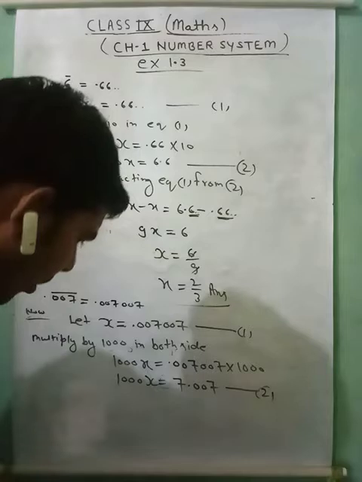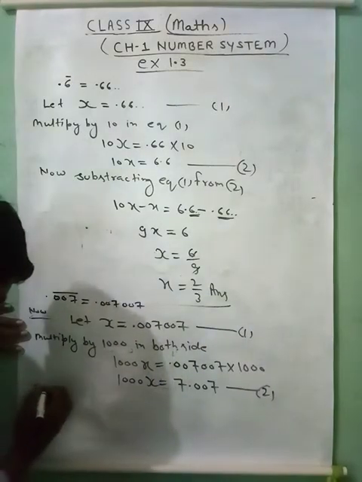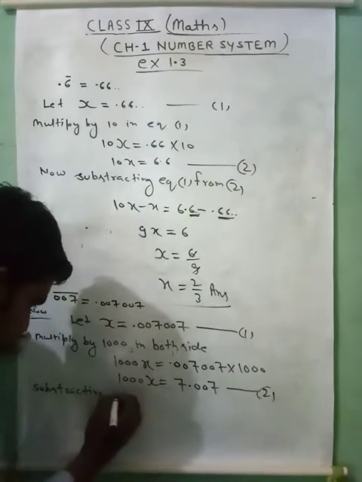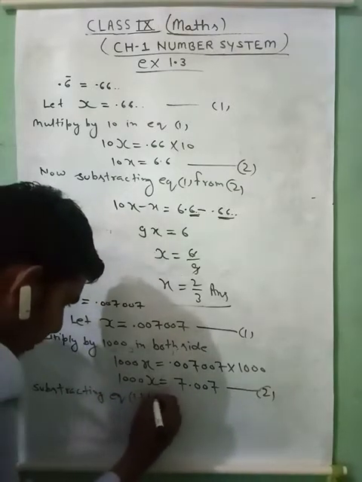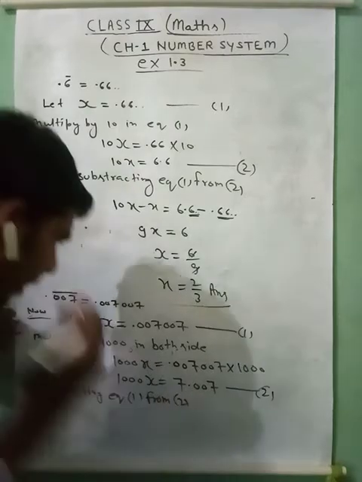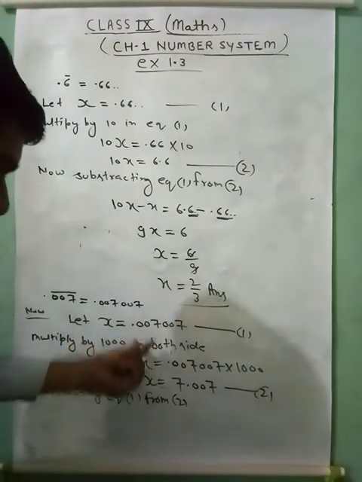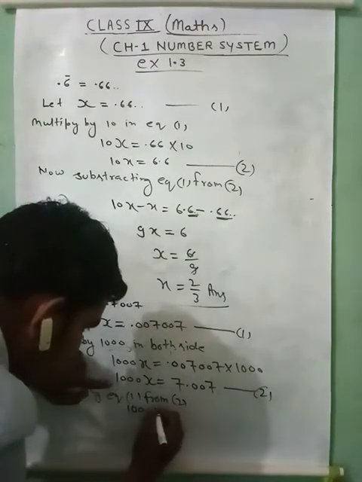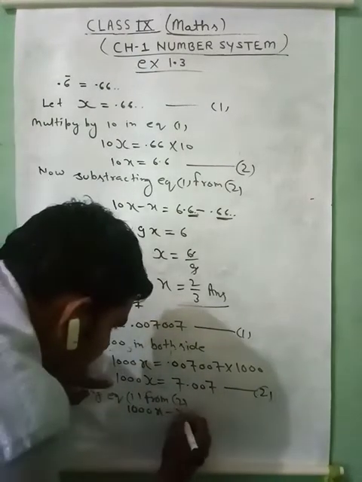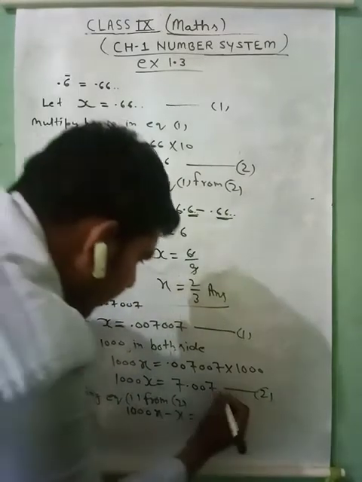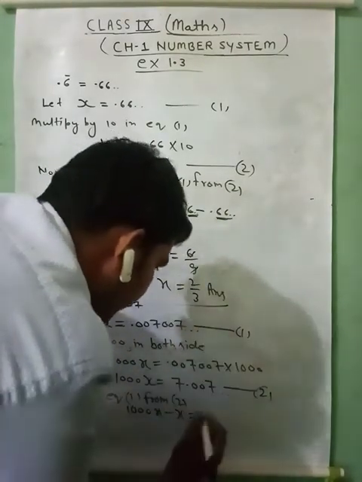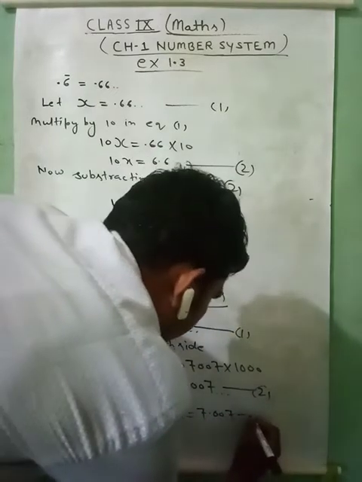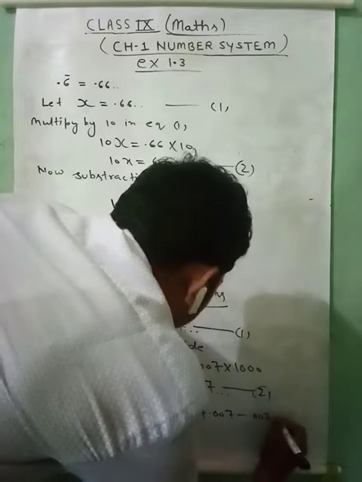Clear? Now subtracting equation 1 from second. 1000x minus x is equal to 7.007 minus 0.007007.